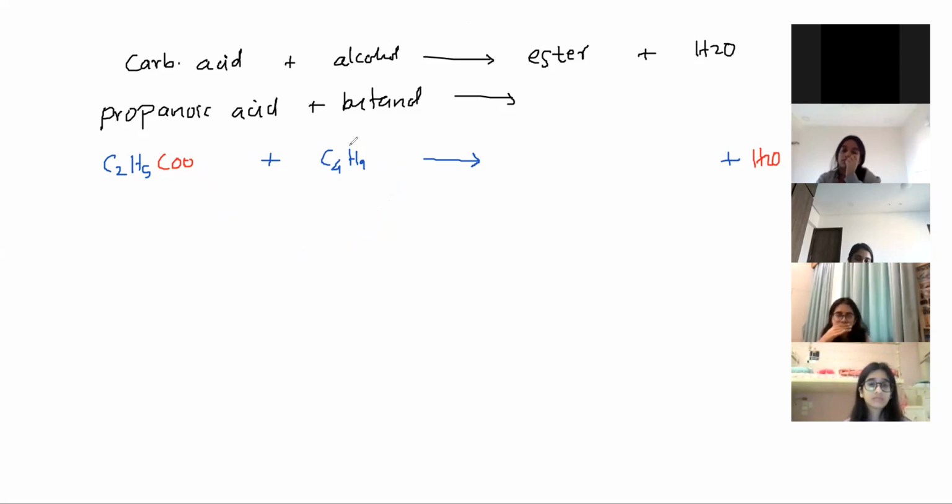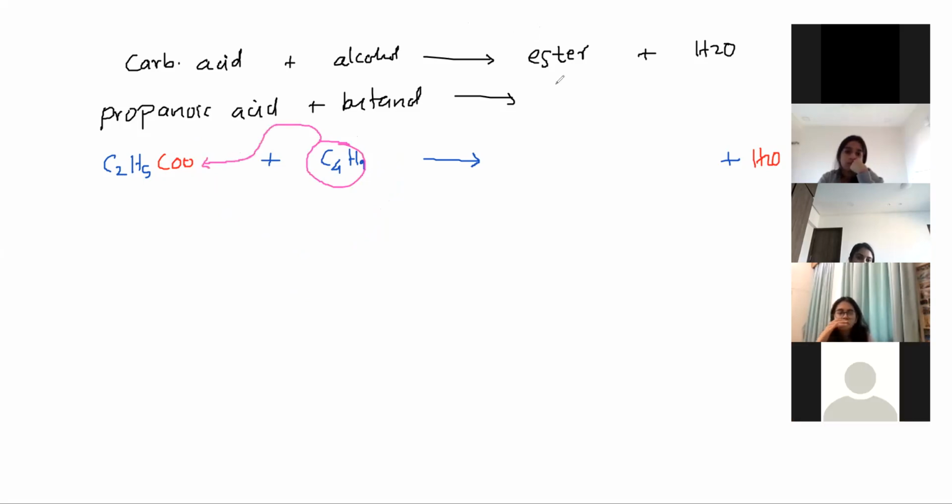This entire thing will get linked here with CO. After the H and the OH is lost, the residue of the acid is this part, C2H5COO, and the next part will be C4H9. I will use a different color for alcohol.